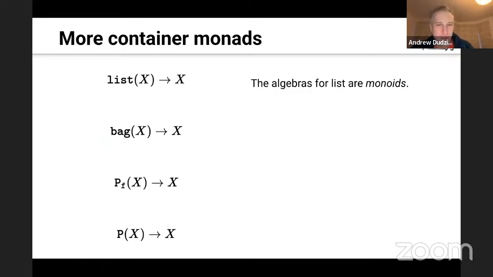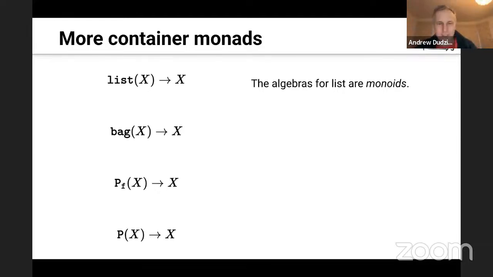We said that the algebras for list are monoids. Can anybody tell me what the algebras are for bags? So remember, a monoid is a machine for smushing down lists, right? An algebra for lists is a machine for smushing down lists. What's a machine for smushing down bags?